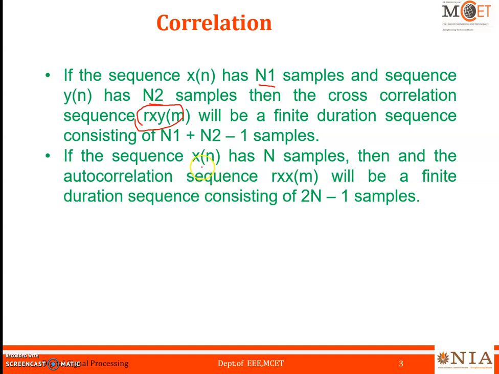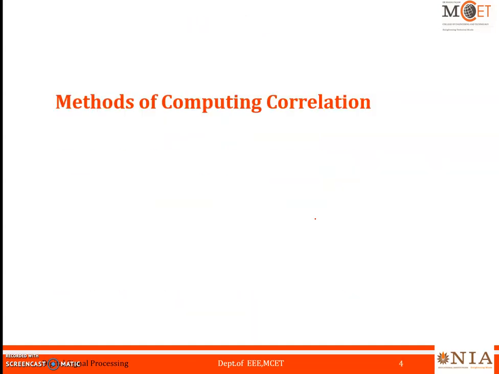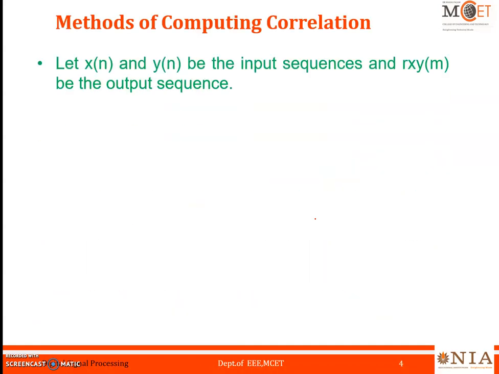For autocorrelation of x of n, where x of n has n samples, the number of elements is 2n minus 1. Why? Because x of n has n samples and the other x of n also has n samples, so 2 times n, minus 1. This is the way we find the number of elements in the autocorrelation and cross correlation.